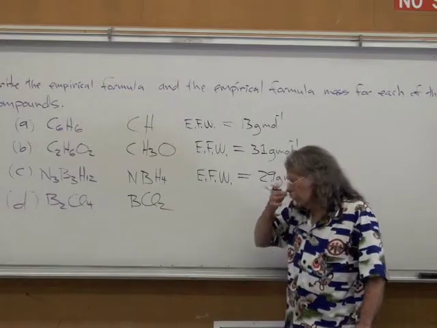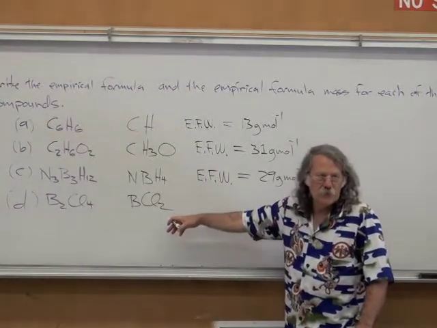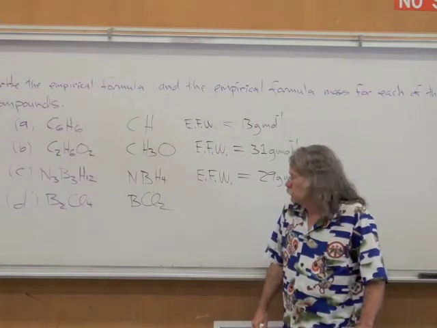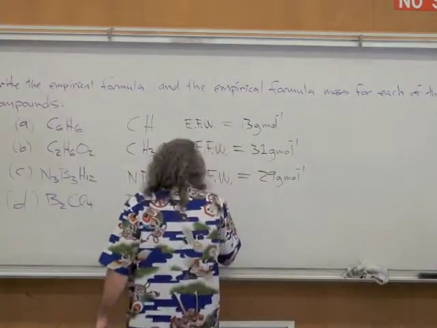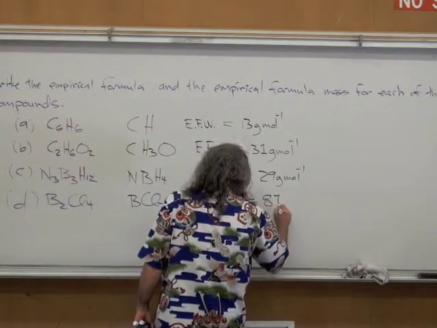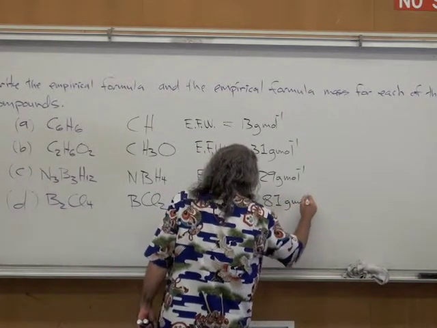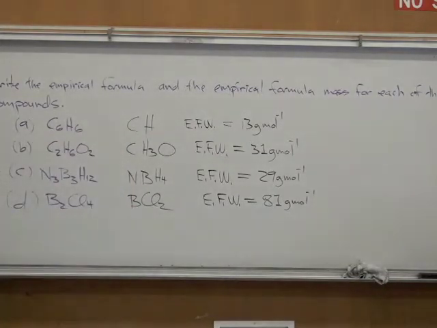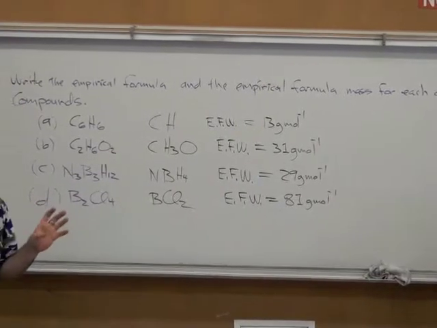Boron, we just said it was 11. 35 times 2 is 70. And 11 is, so EFW, 81 grams per mole. Okay? So my point here is, these are gimme points on the test. You should all nail this one.